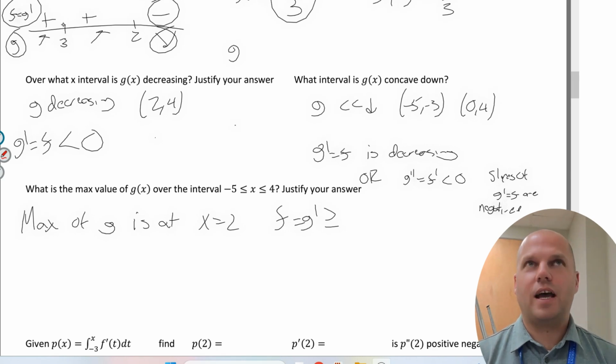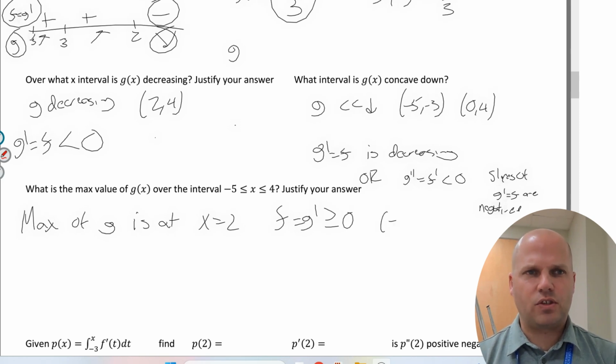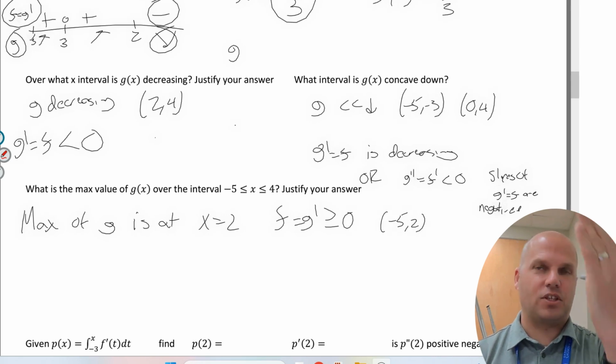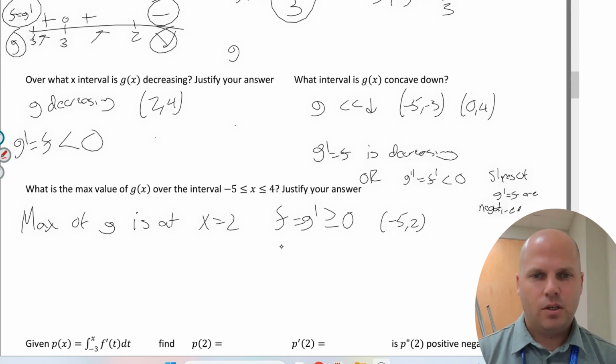You could probably include that it's just greater than 0 from -5 to -3, and then from -3 to 2. But this includes the fact that we have this flattening out, this non-max or min. So it's good. If you want to go -5 to -3 and then -3 to 2, that's fine. You can say it's just negative from 2 to 4.